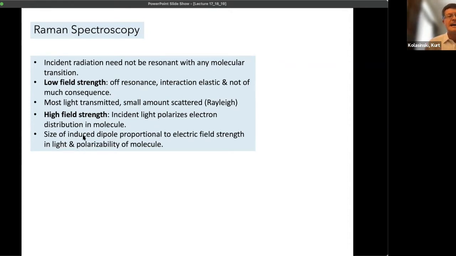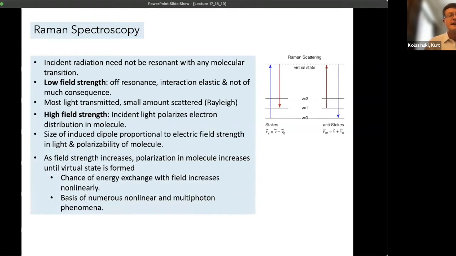The size of the polarization, or the induced dipole, if you like, that's caused by the electromagnetic field's electric field strength, depends both on the strength of the light and the polarizability of the molecule. So as the electric field strength in the photon field increases, this polarization in the molecule increases, and eventually it forms what we'll call a virtual state.